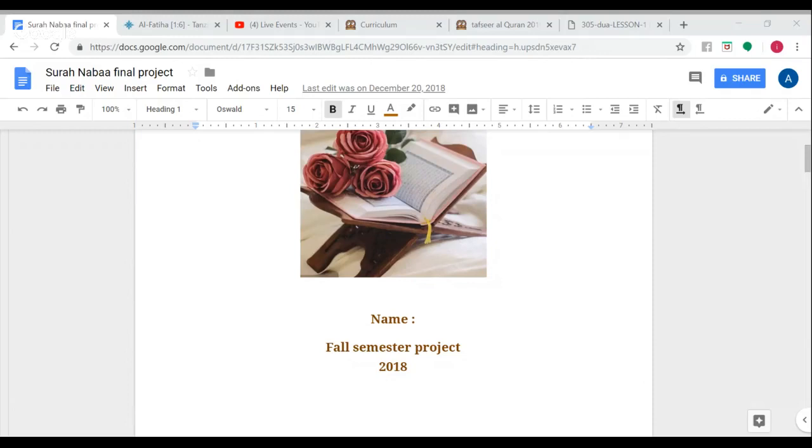Say for example, li rasulin, li is the lam we talk about. Li means for. This is the harf jar. It is attached with Rasul, and the last lam of Rasul is getting the kasratain because of the lam in the beginning. Because the lam in the beginning is the harf jar, and it means for: li rasulin, for a messenger.